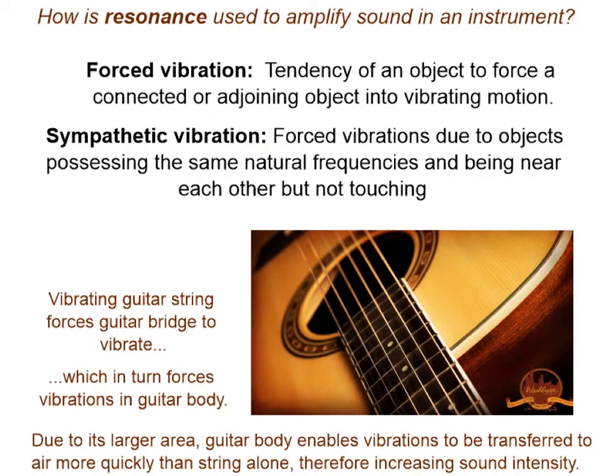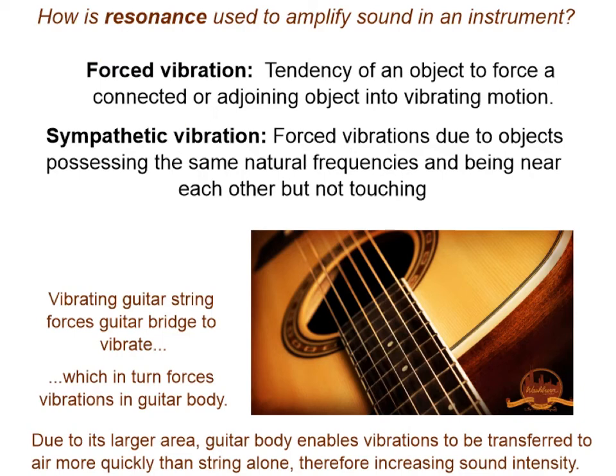A sympathetic vibration would be force vibrations that are due to objects possessing the same natural frequencies and being near each other but not touching. So when those vibrations in the guitar body are transferred into the air, those are the sympathetic vibrations.